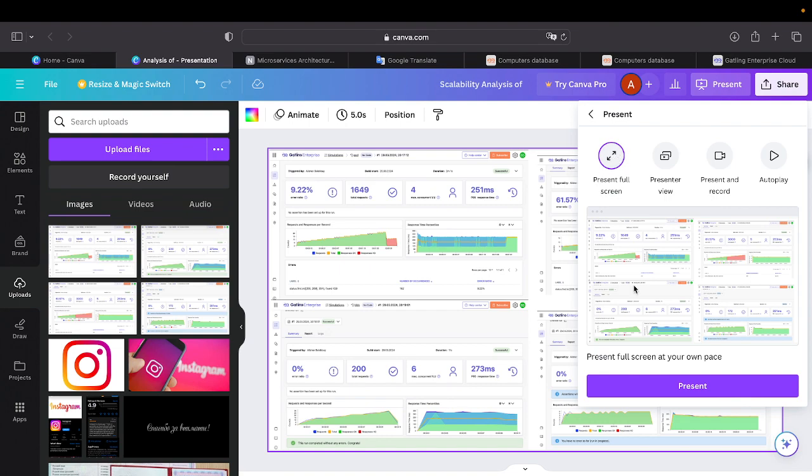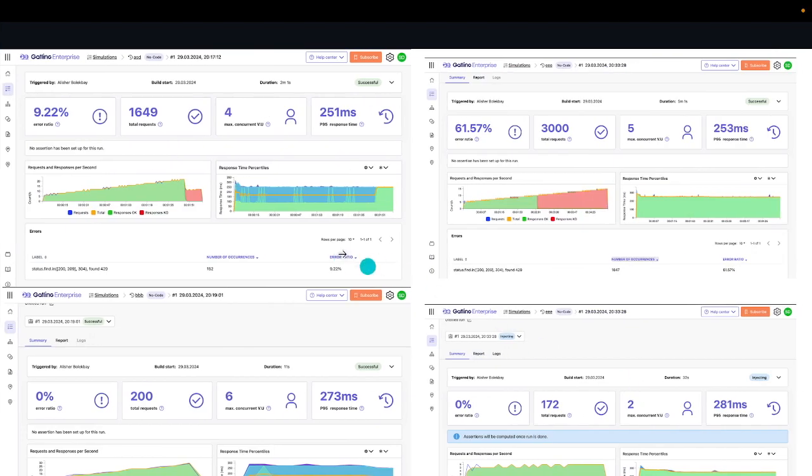So in the first one, I didn't give many people, to not overload it, but with time, here you can see at 2 minutes it had a 9% error ratio and 1600 requests.